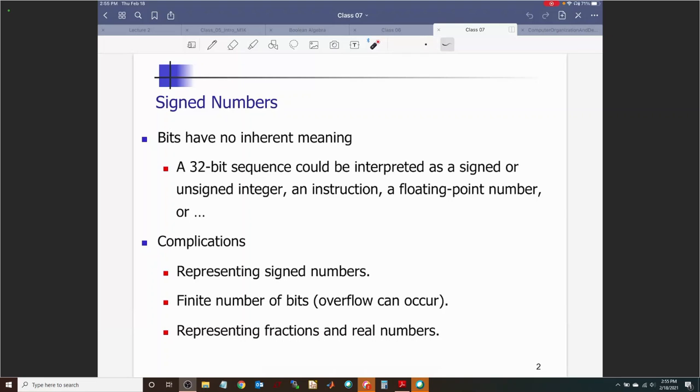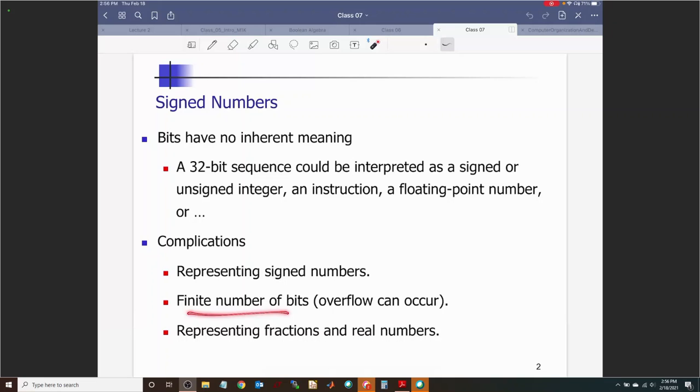So what are the problems here? We need to be clear about how we are representing signed numbers. We have a finite number of bits, because when we are doing arithmetic, 32 bits getting added to 32 bits and the result is 32 bits, then overflow can occur. So we may have to have certain flags in the hardware to monitor such things happening.